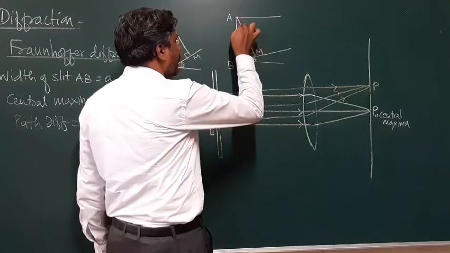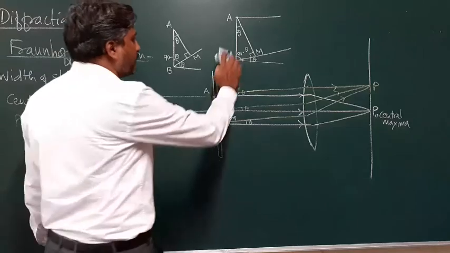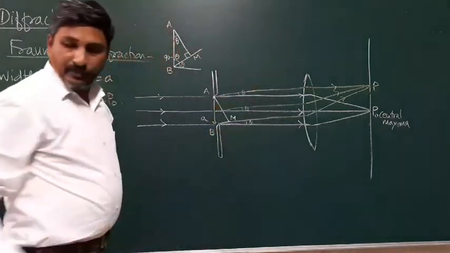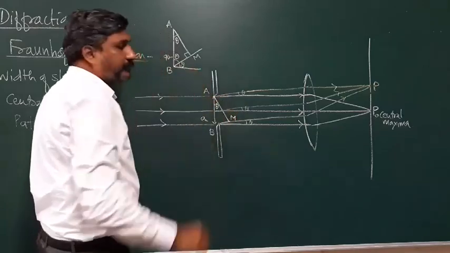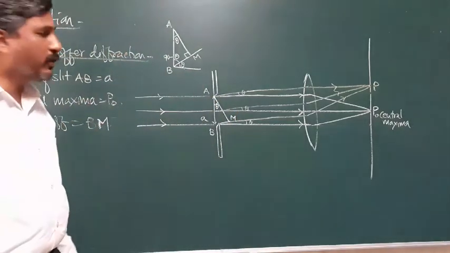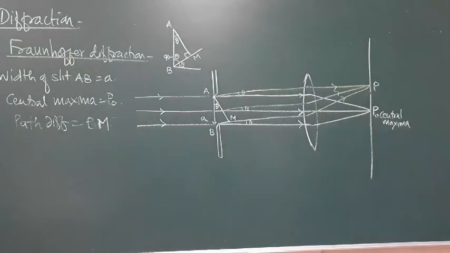The major thing is that the upper angle is my theta. So I am writing here, this angle is theta. I think this is clear for everyone. Yes or no? See once again. I will wait for some time. Now tell me, is it clear for you? Yes? Okay.